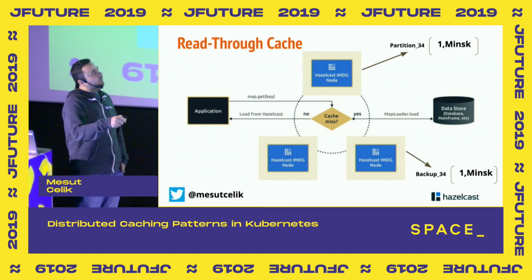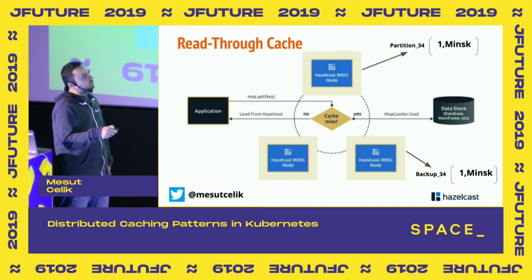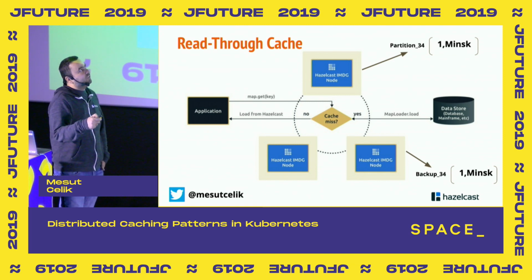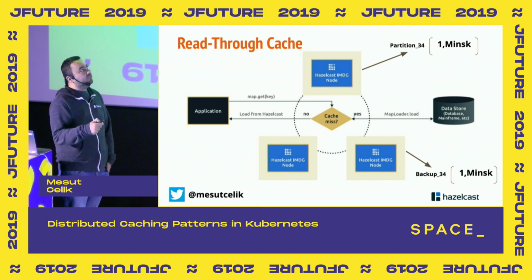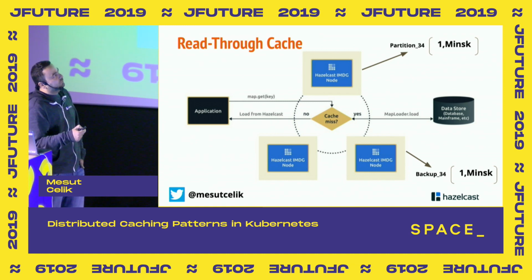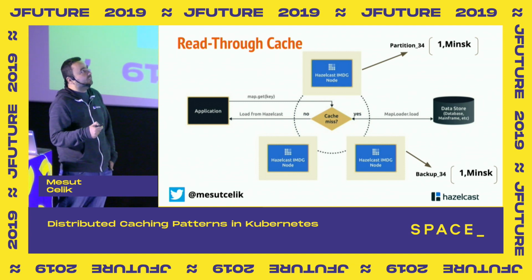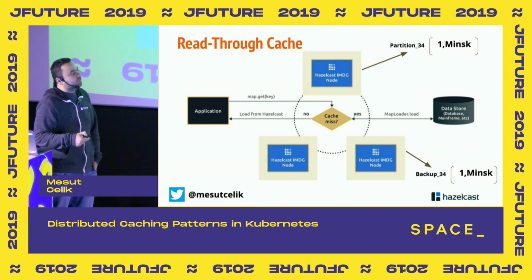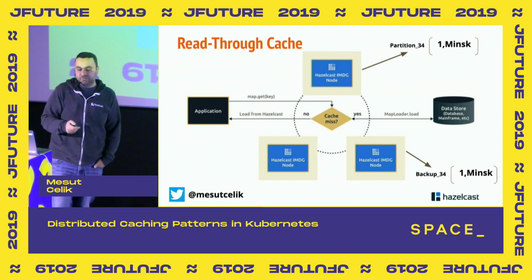So in 1 backup, let's say that the member which is holding the backup data crashes, then the primary data will be creating a backup and sending it to another member. And if the primary data is crashing, or you just kill this member, it can be a failover use case, or you can just shrink your cluster, then this backup will be promoted as a primary, and it will send the backup to another member.